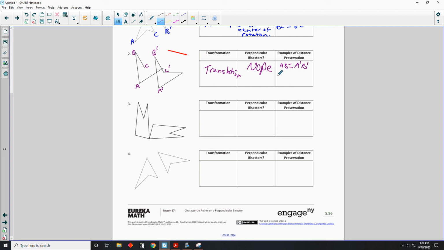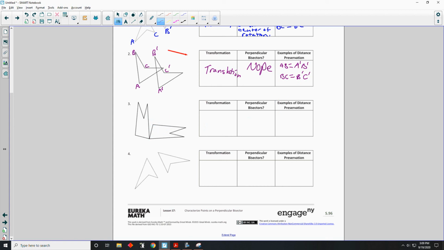So then I could say BC equals B prime C prime. Okay, these are just examples. There are multiple solutions to this. If you're going to choose two, there's 1, 2, 3, 4 to choose from. So you might have two different ones than me, or one of these and one different one. Okay, this number 3 appears to be a rotation.